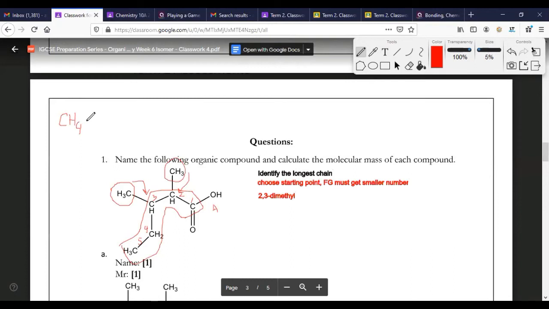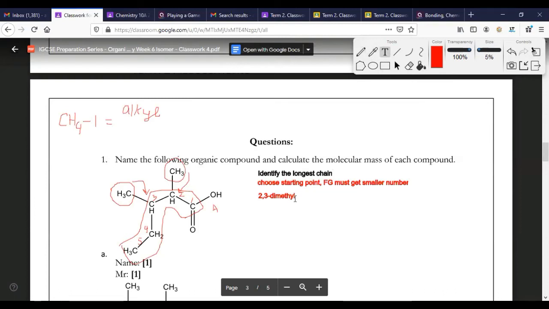So alkane minus one hydrogen will become alkyl. And for the name, you just need to change the ending. So if you have methane, it will become methyl. If you have ethane, it will become ethyl. If you have propane, it will become propyl. Okay, so the name is 2,3 dimethyl.